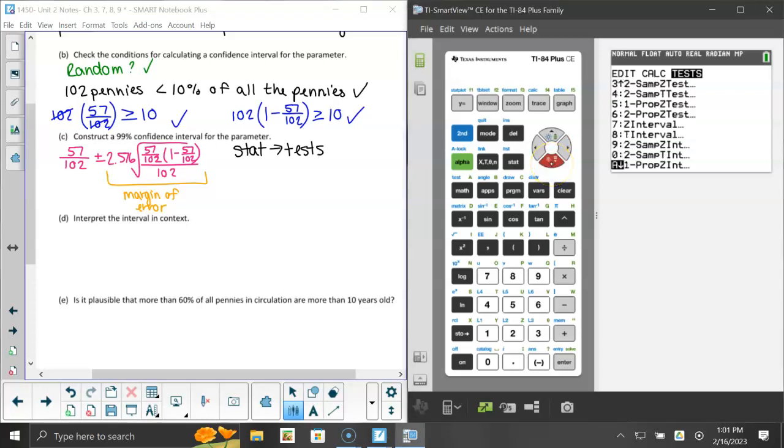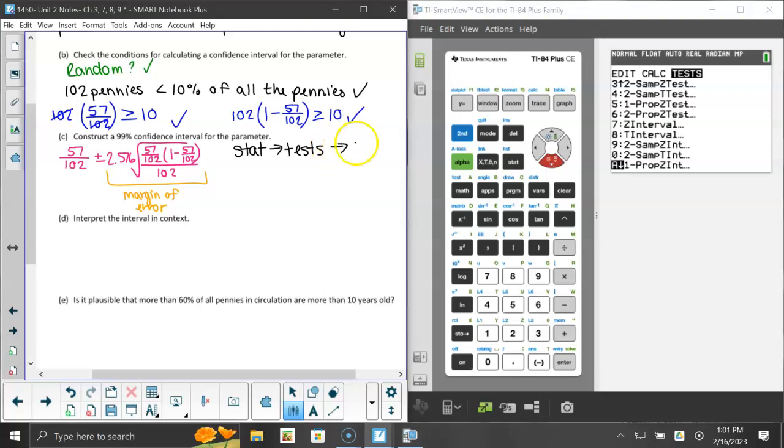Oh, no, I'm sorry. A. 1 prop z interval. 1 proportion z interval. Yeah. Or scroll down. Sometimes you can scroll up too and it's faster.